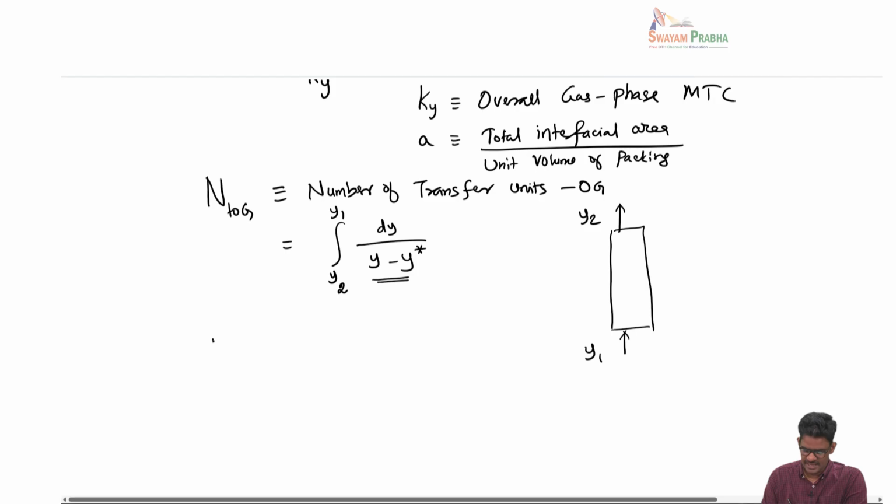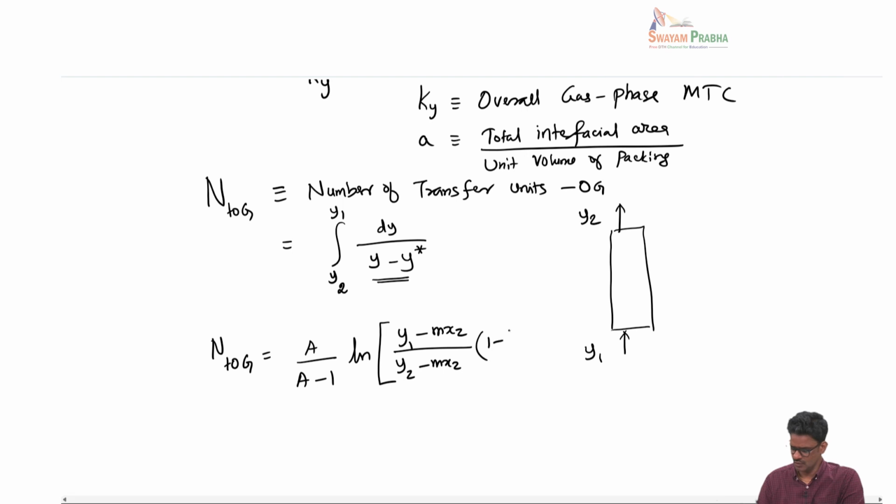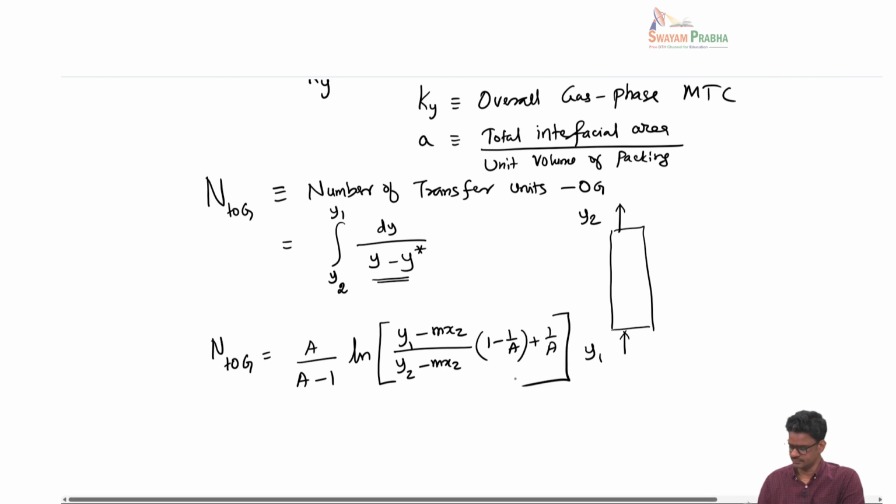Okay, so if you do that, we showed this NTOG can be written as A by A minus 1 ln of [(y1 minus mx2) by (y2 minus mx2)] times (1 minus 1 by A) plus 1 by A. Where this A is called the absorption factor.